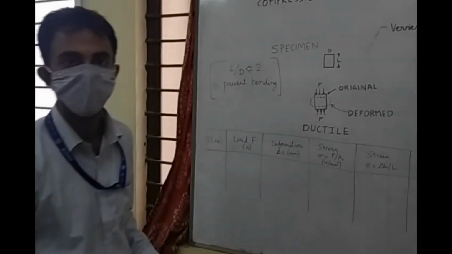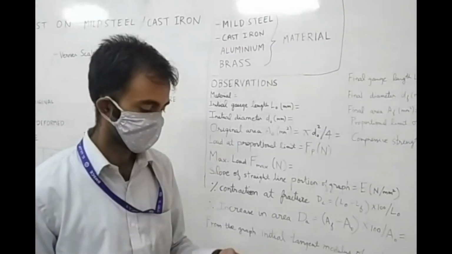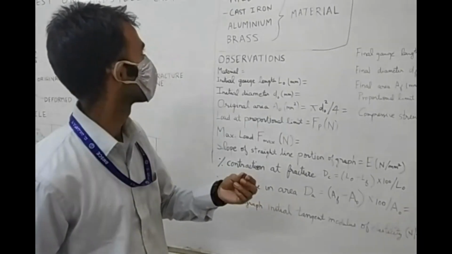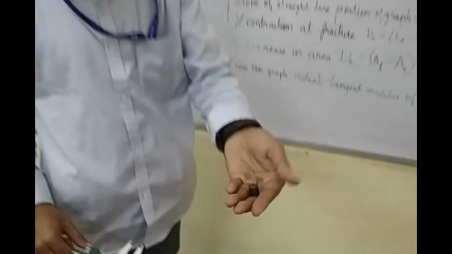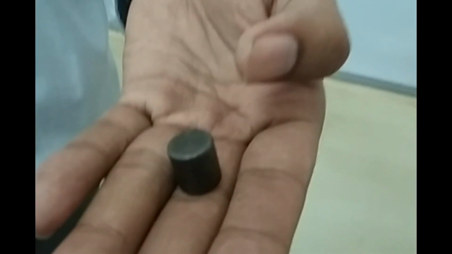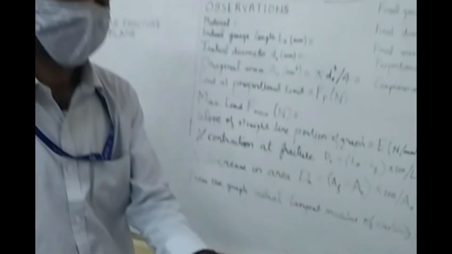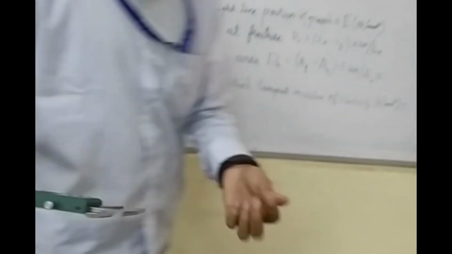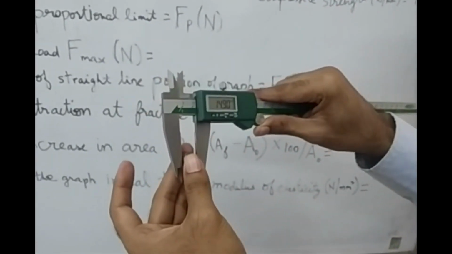Now I will show you how to note down the observations. Initially, for this case, we'll take the brittle material, that is cast iron, which is shown here. So I am taking the specimen of cast iron, and I will measure the initial gauge length and the initial diameter using this scale. First I will measure the diameter.